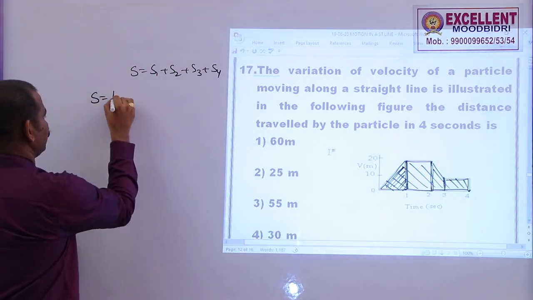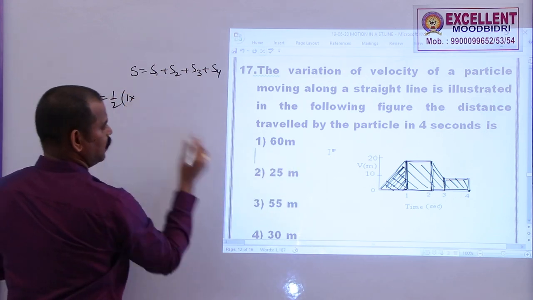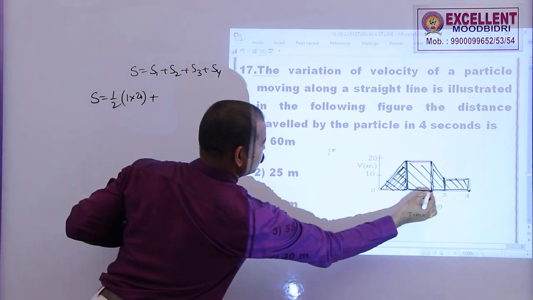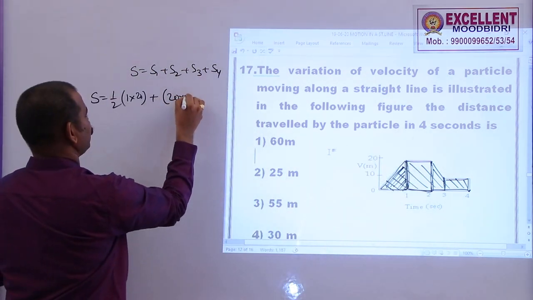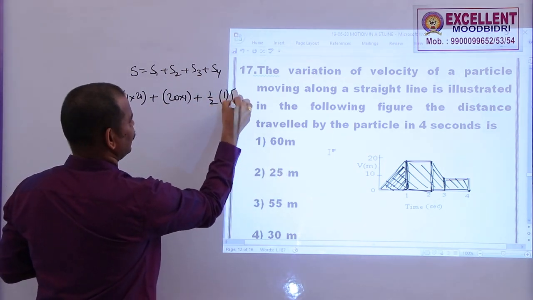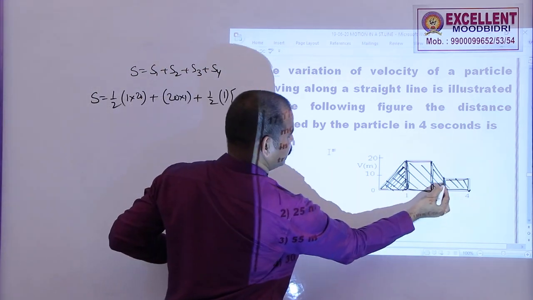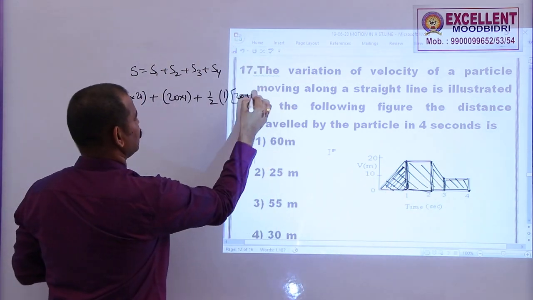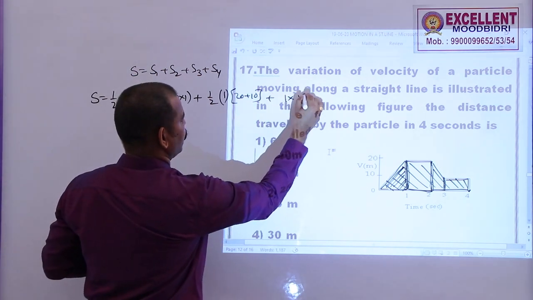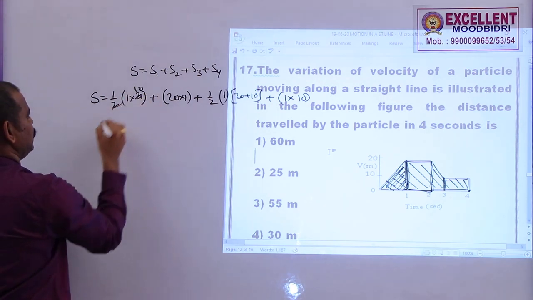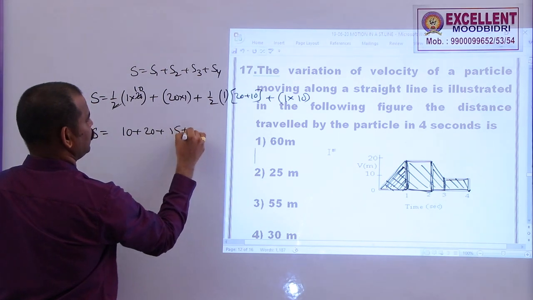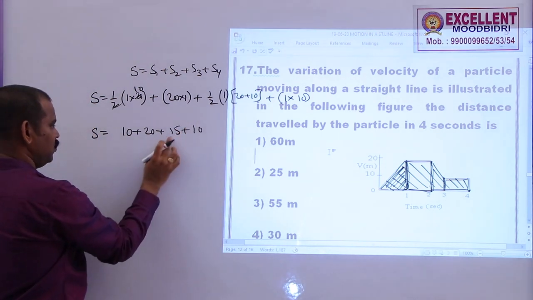So the total displacement is half into base 1, height 20, second one, this is 1, this is 20, so 20 into 1 for the rectangle, third one the trapezium, half into height 1, into the sum of the two sides, 20 plus 10, and the fourth one is 1 into 10. Now the total displacement is 10 plus 20 plus 30 by 2, this is 15, plus 10, that gives 10, 25, 45, 55.